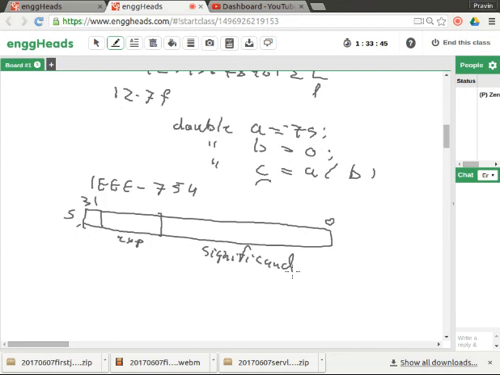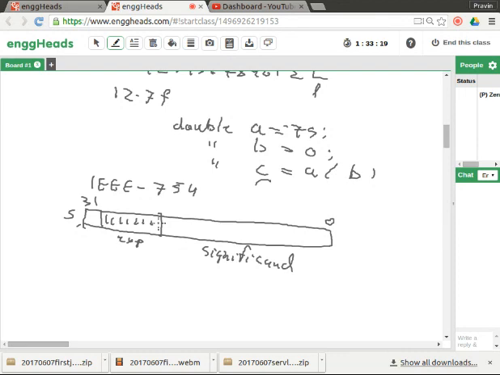Fine. Now, one thing here is, according to this IEEE 754, the way it has been designed, if all the exponent bits are set as 1, it does not represent a finite value.